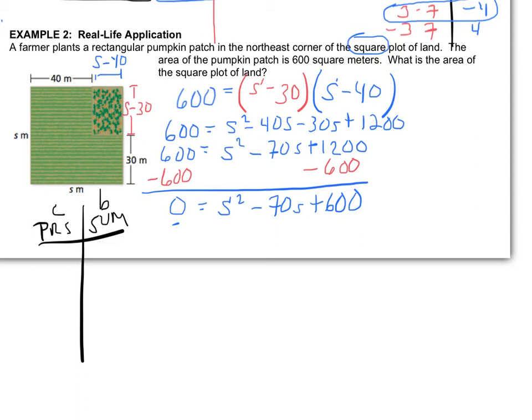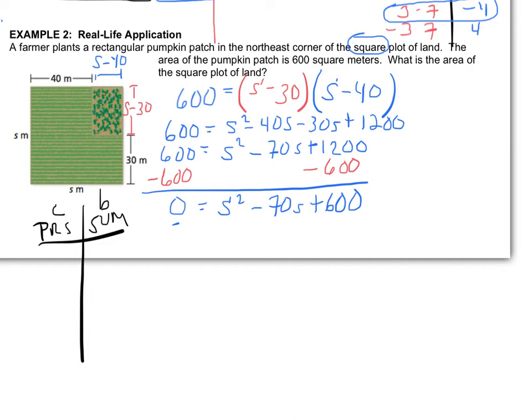So what you want to start doing now is looking at how can I use what I know from the C value and the B value to try to start getting closer to my answer without having to write every single factor pair. Well, because it's a positive C value, I know my answers are both positives or both negatives. Because it's a negative B value, I know that all of my factor pairs are going to be both negatives. So again, I just trimmed out half of my factor pairs.